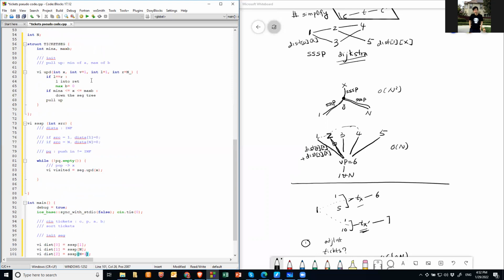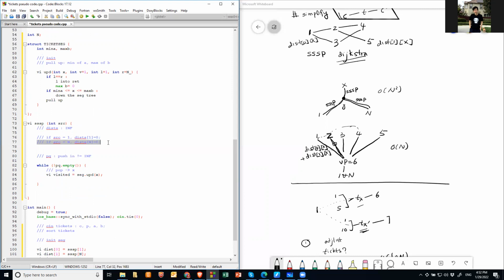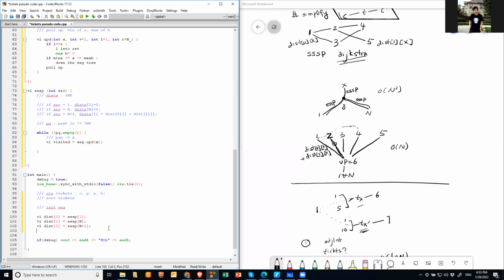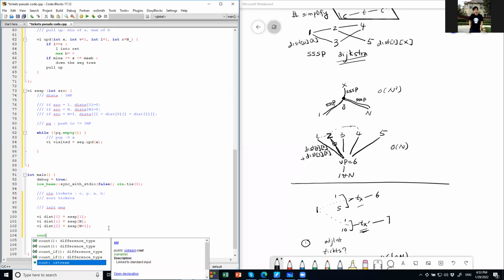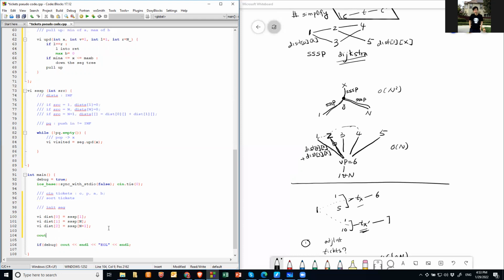So now we need to say if it's n plus 1, then the distance, then you have to update all of them, right? So it's this 0 of this thing, this 1 of this thing, right? Then after that, then you just see out. So that's basically how you do it.